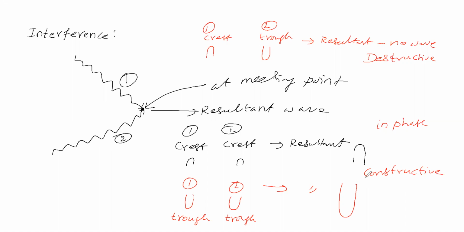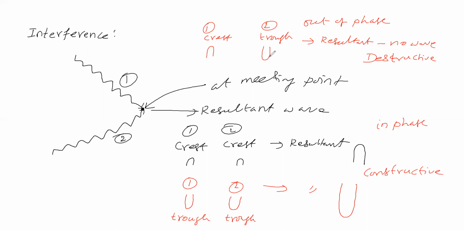Constructive interference indicates a stable situation, as we have seen in de Broglie's theory. If it is destructive interference, the waves are out of phase. Out of phase means that when the first wave is making a crest at the meeting point, the second wave makes a trough.